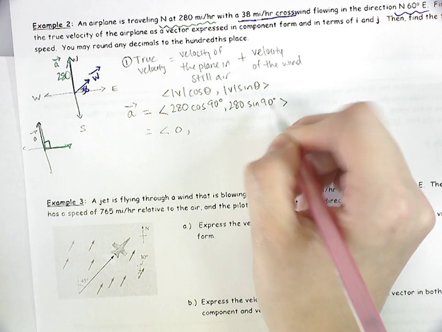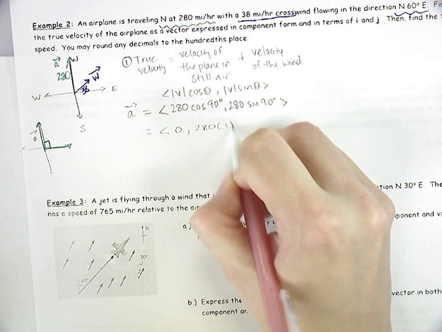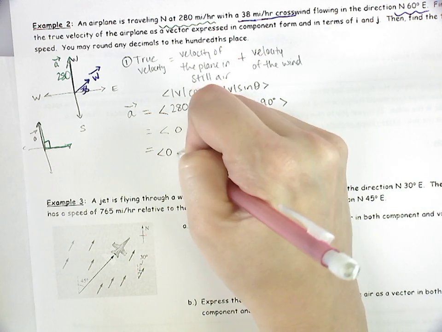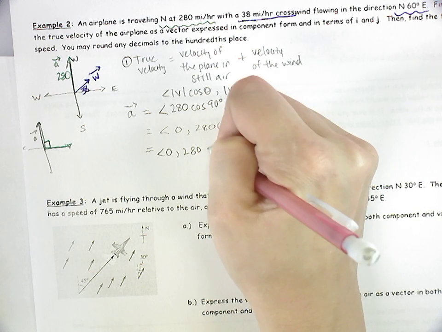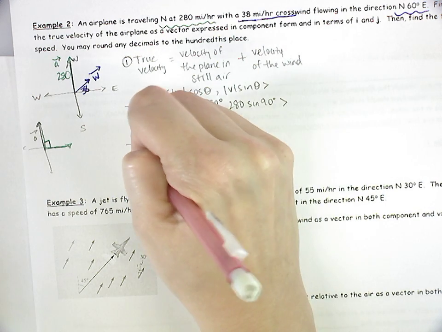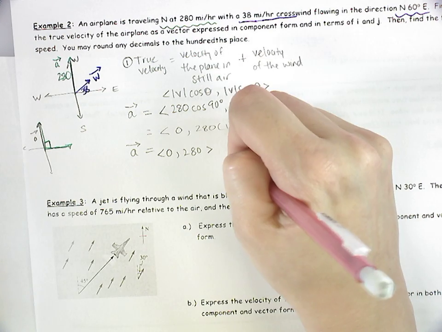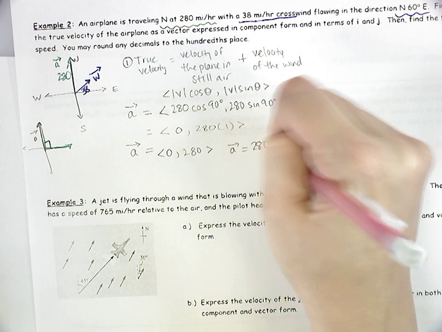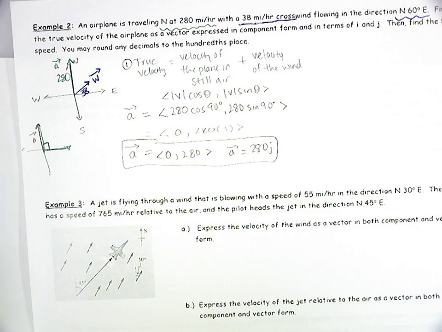And the sine at 90 degrees is what? 1. So my airplane vector is <0, 280>. If I want to express that in terms of i and j, it would simply be 280j. Good. That's just for the airplane.